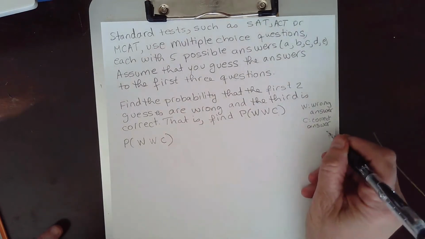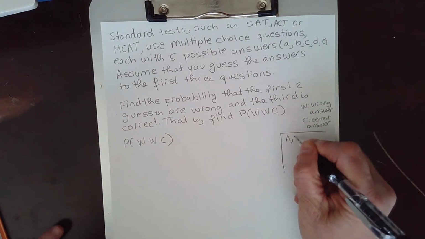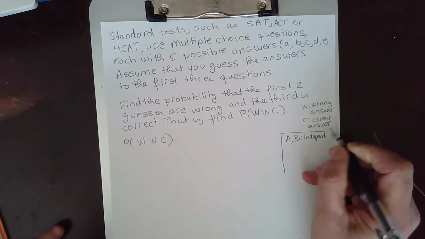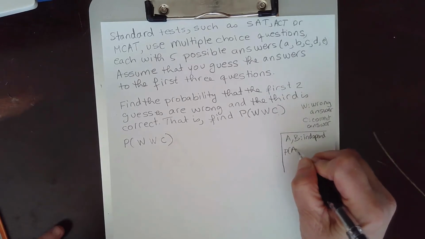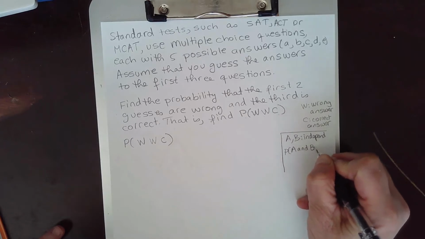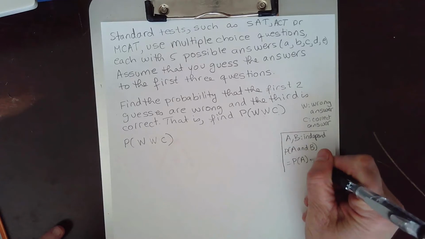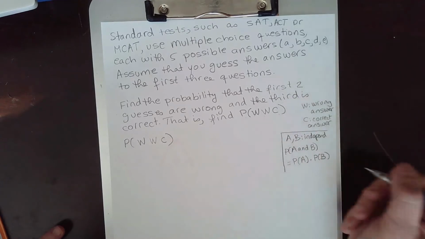Now remember, if A and B are independent events, how do we find the probability of A and B? The probability of A and B is the probability of A times the probability of B, right?